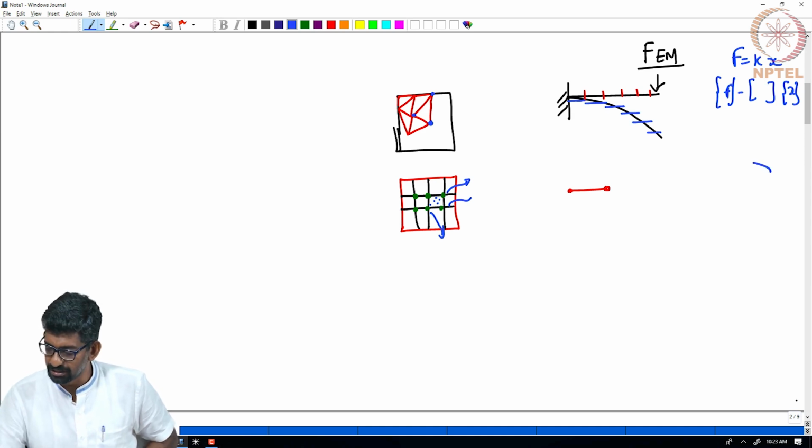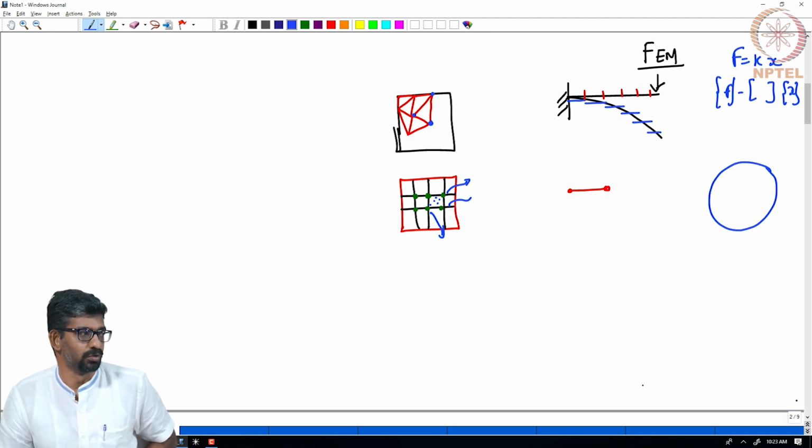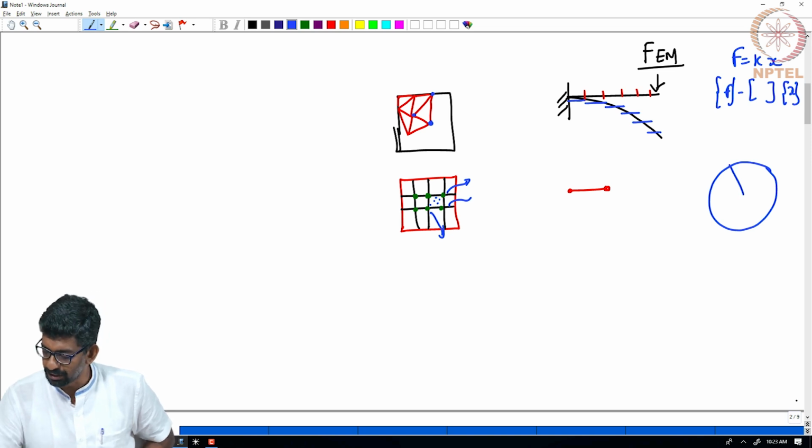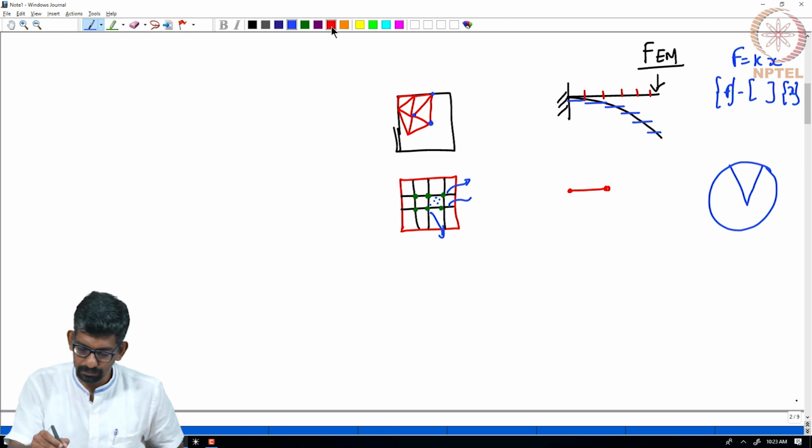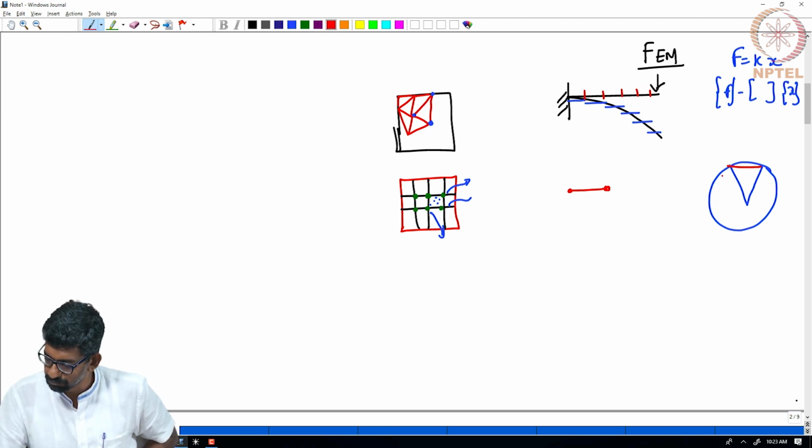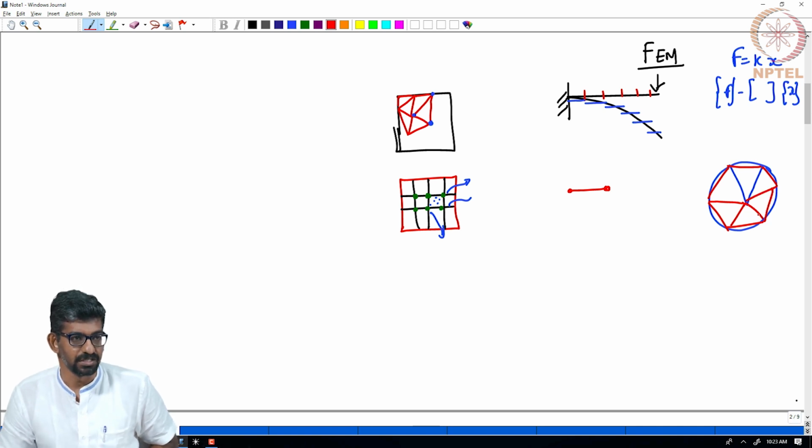Okay. If you have a circle, let us say you do not know how to find the area of the circle or the perimeter of the circle, but you know how to find the perimeter of a triangle. So, what you can do is you can use multiple triangles and you can find what the perimeter is.